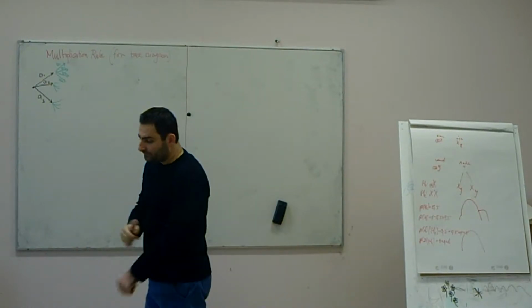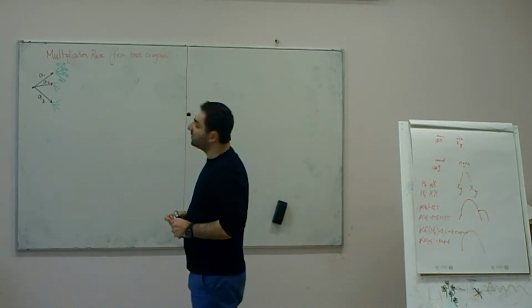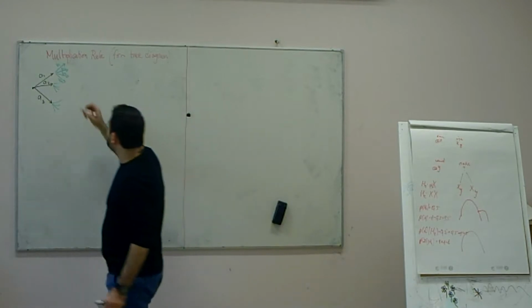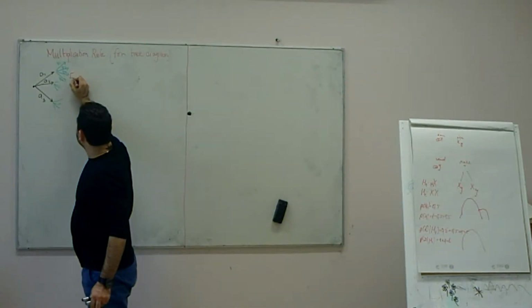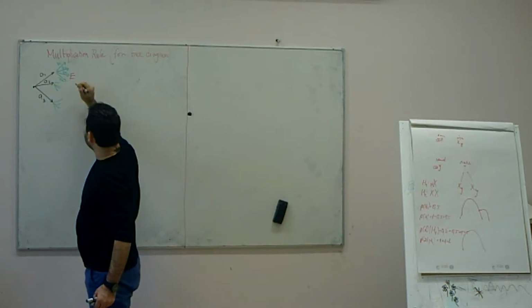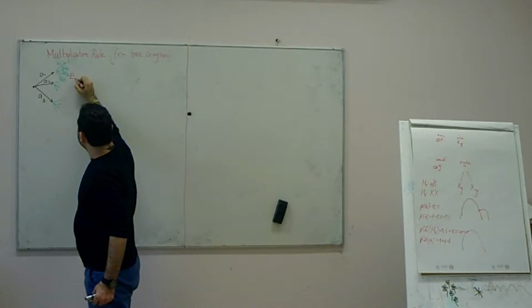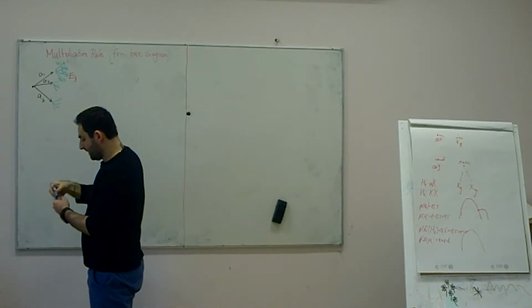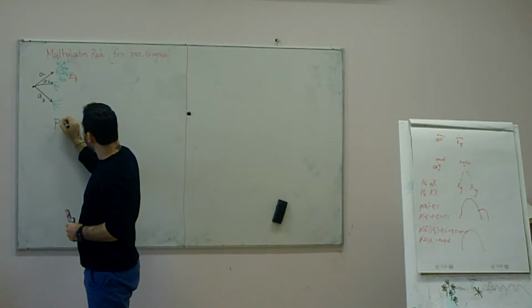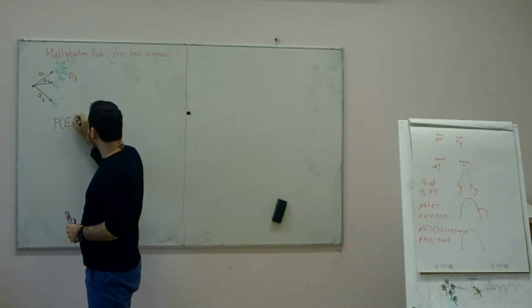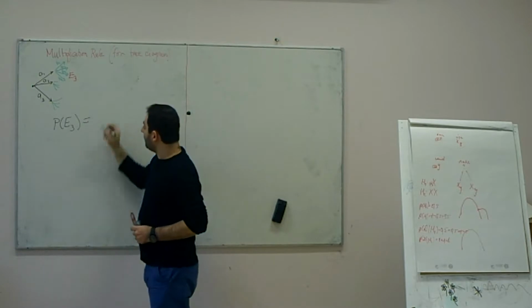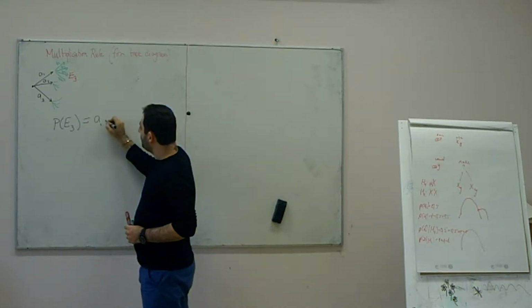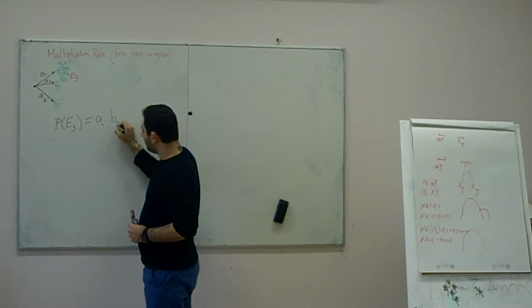Now, the multiplication rule says that the probability of, let's say, event 3 happening is the probability value A1 multiplied by B3.